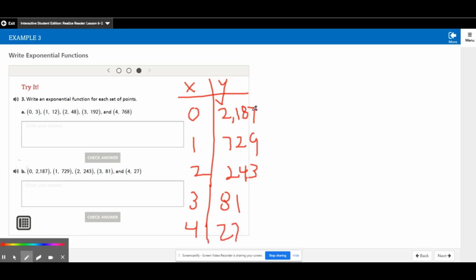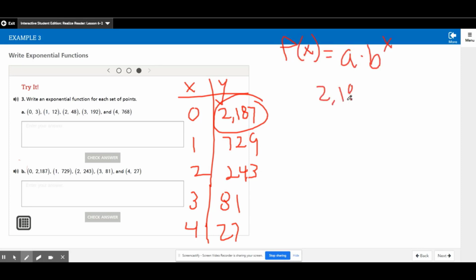So the initial amount that we start with is 2,187. So if I go f of x is equal to a times b to the x, that's 2,187 times, and I need to find my constant ratio now.